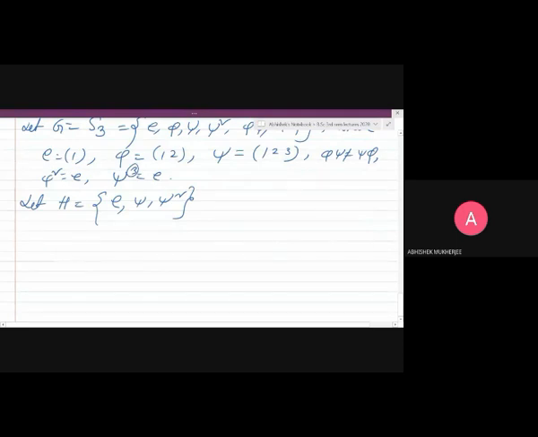Now you need to find out the left cosets and right cosets of H in G. So what are the left cosets?